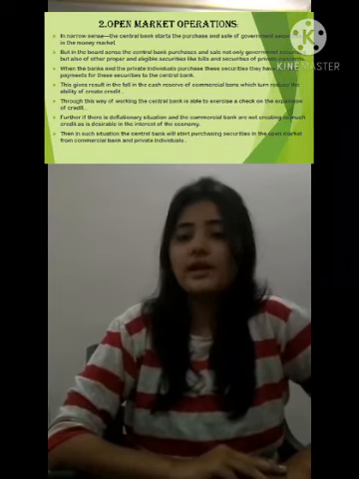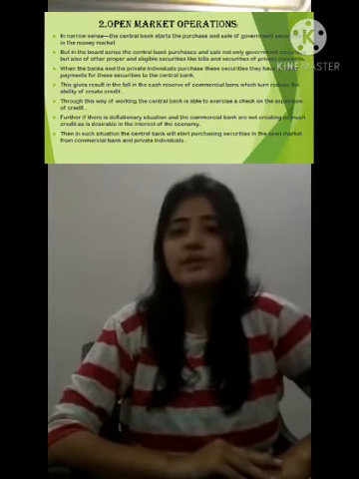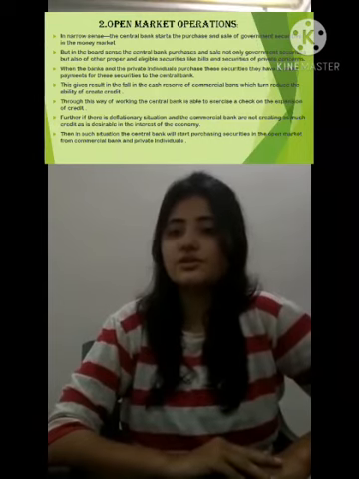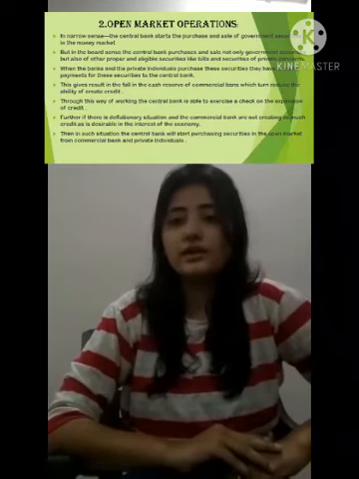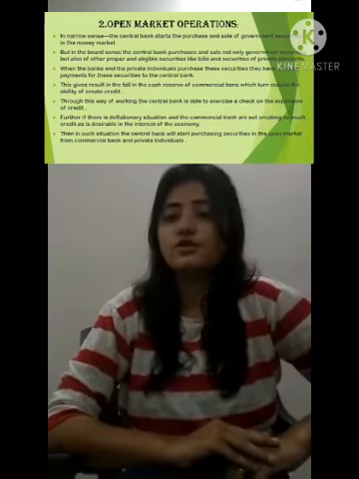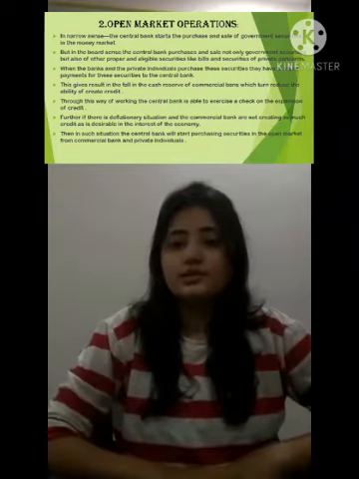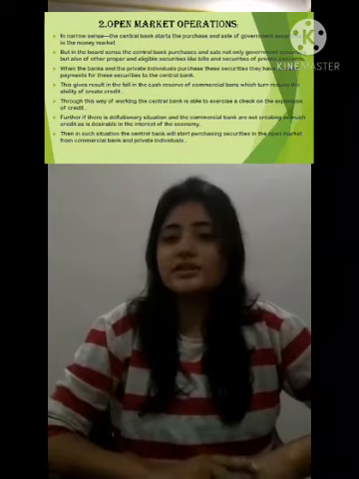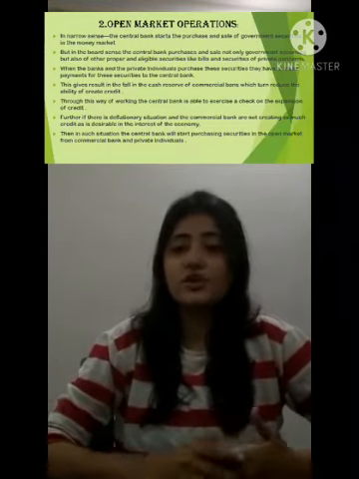When the banks and private individuals purchase these securities, they have to make payment for them to the central bank. This results in a fall in the cash reserves of commercial banks, which in turn reduces their ability to create credit. Through this way of working, the central bank is able to exercise a check on the expansion of credit.